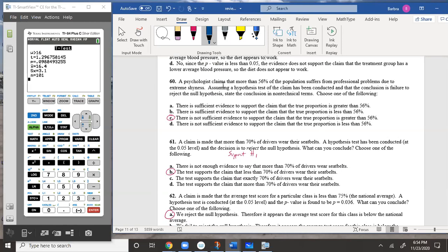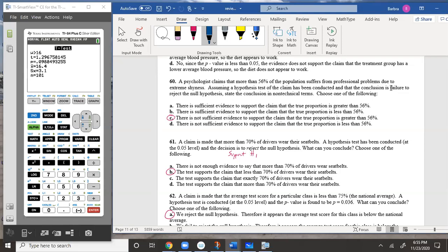60. A psychologist claims more than 56% of the population suffers from professional problems due to extreme shyness. Assuming a hypothesis test of the claim has been conducted, and the conclusion is fail to reject the null, state the conclusion in non-technical terms.